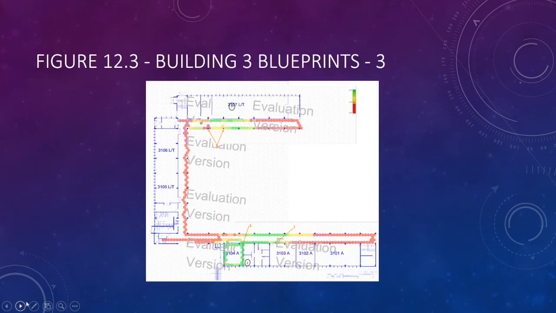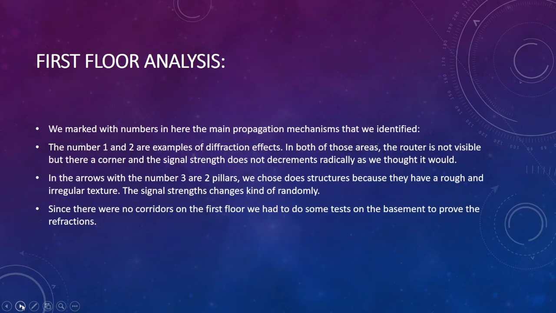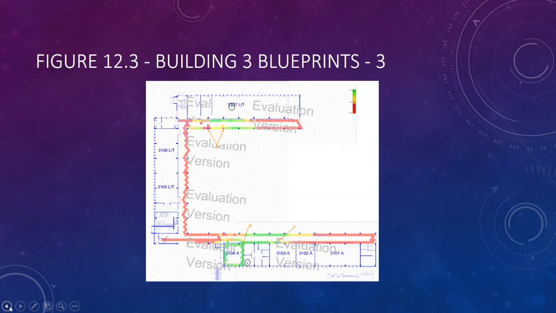So for this picture we use a software, wireless monitor, and we can see all the signal strengths for floor 1 in building 3. We mark the access point. So for first floor analysis, number 1 and 2 are examples of diffraction effects.